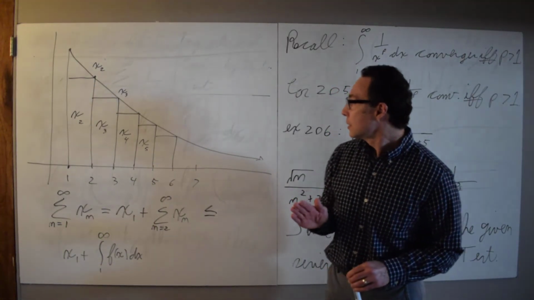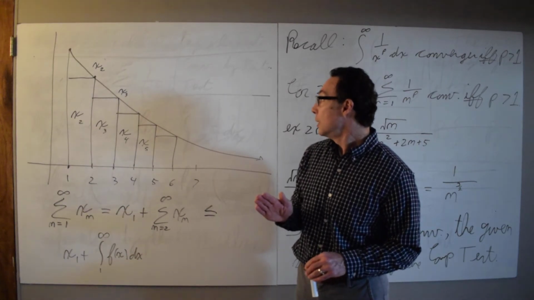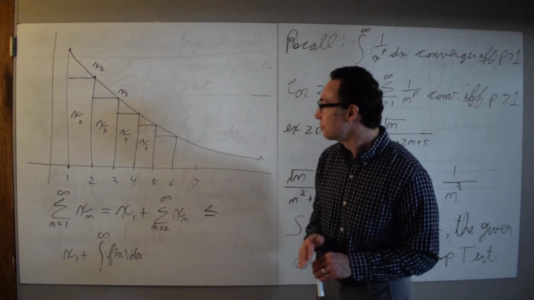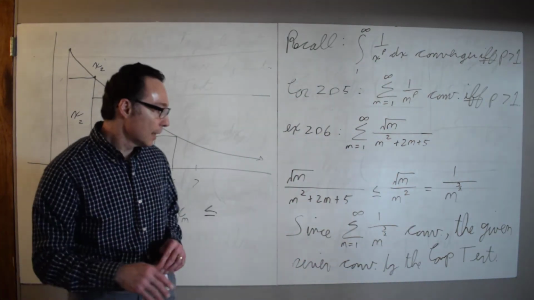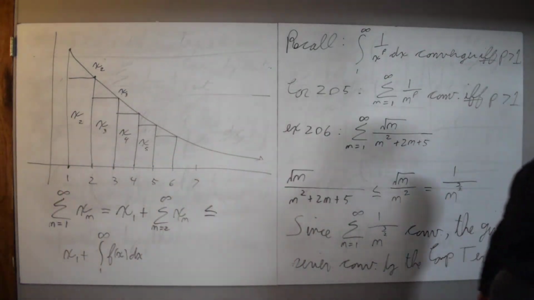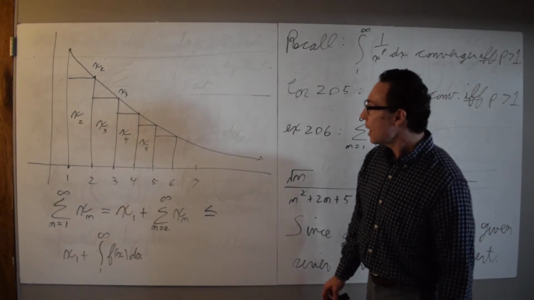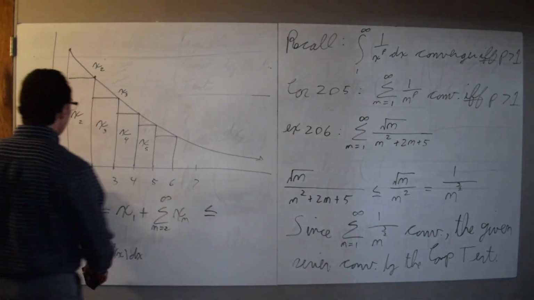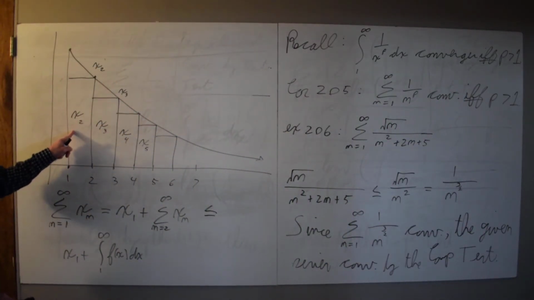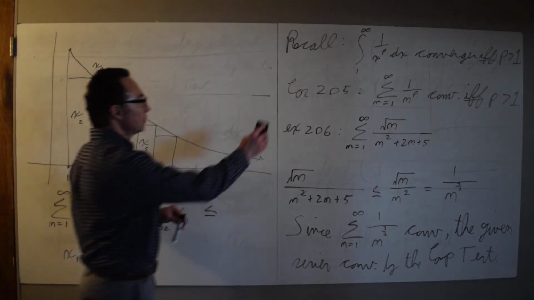The integral test actually said this was an if and only if. And so that means if the series converges, the integral does as well. So what we do with that is we don't look at the rectangles here.